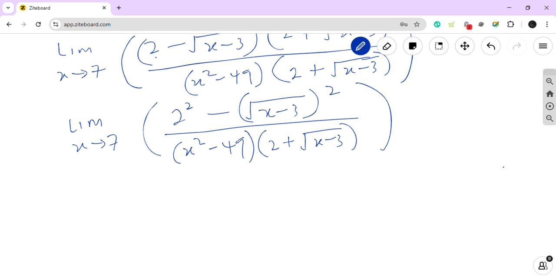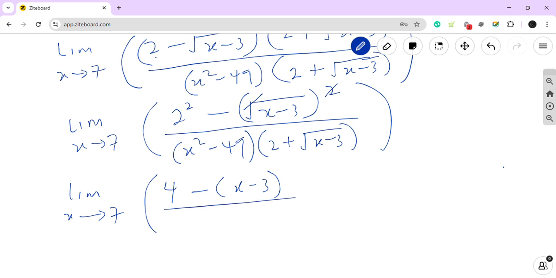Alright, so don't forget square can cancel square root here, so we have the limit as x tends to 7 of 2 squared, which means 2 times 2, which is 4, minus x minus 3. Don't forget to use your brackets because it's complex. X minus 3, put it inside your brackets. Over, for the down part, we can write x squared minus 49 as x squared minus 7 squared, right?